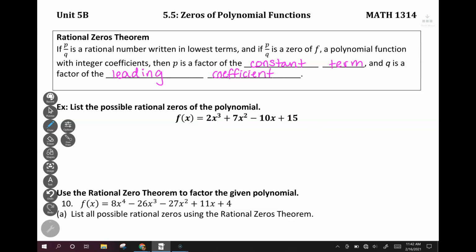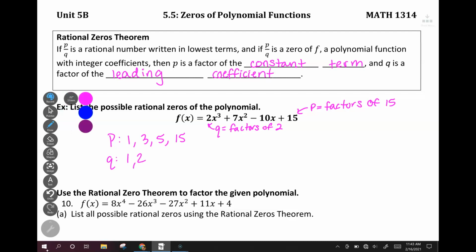All right, so we've got our P's. I like to do it this way. My P's are going to be factors of 15, so that's going to be 1, 3, 5, and 15. And then my Q's are going to be factors of 2, so that's 1 and 2.